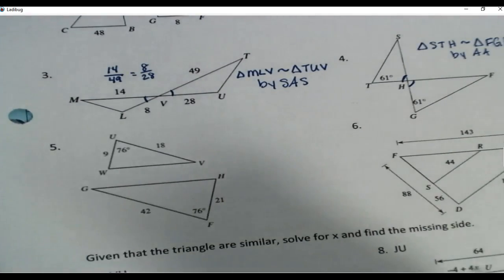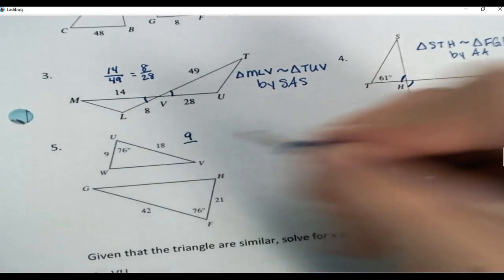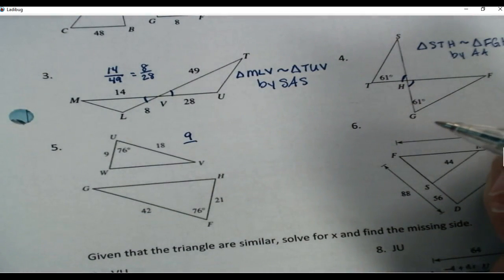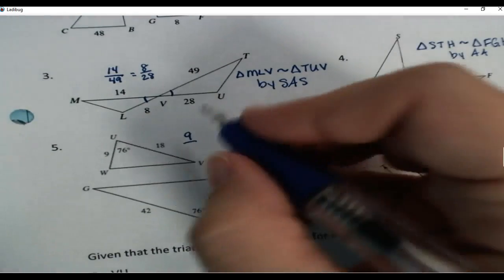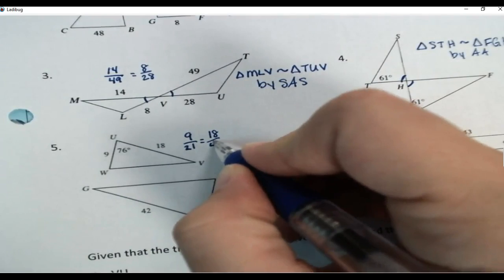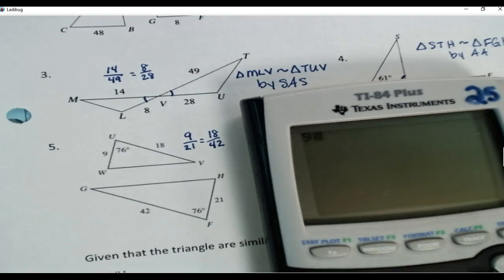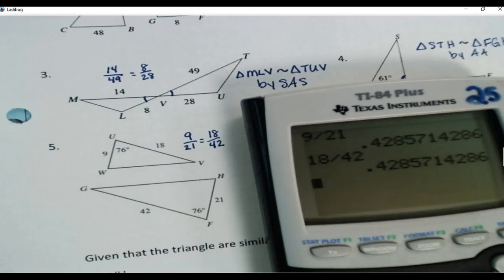Yeah, so first we have to check. So, is 9 over 21 equal to 18 over 42? 9 over 21 is that decimal, and 18 over 42 is the same.